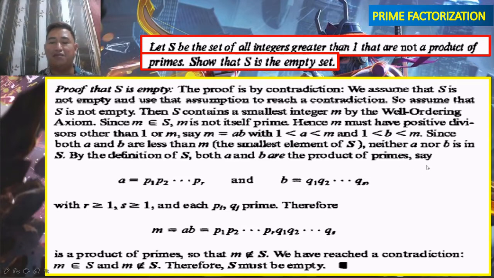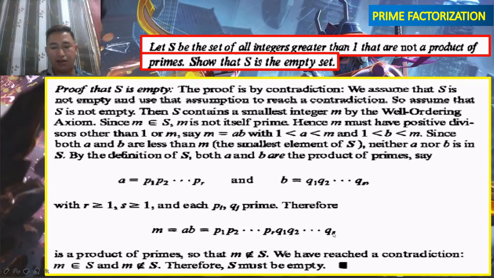So, product of primes. Say si A is equal to P1 to PR, and then B is equal to Q1 to QS. Okay, with R greater than or equal to 1, and S greater than or equal to 1, and each Pi and Qj are prime. Therefore, M is equal to A times B, equal to P1 to PR times Q1 to QS.